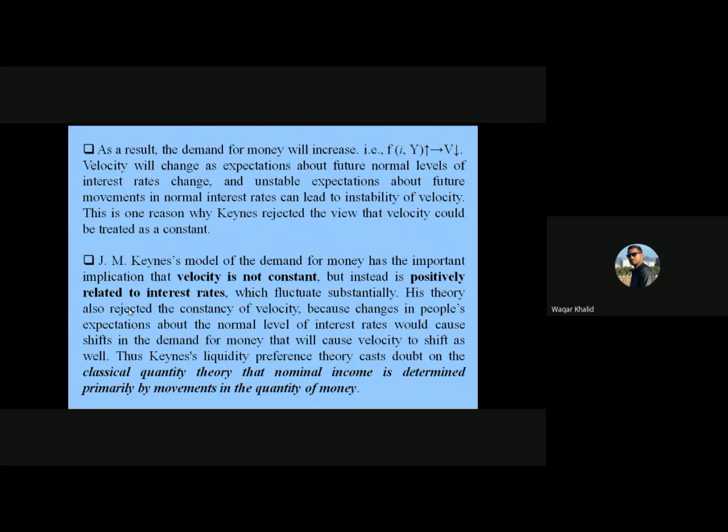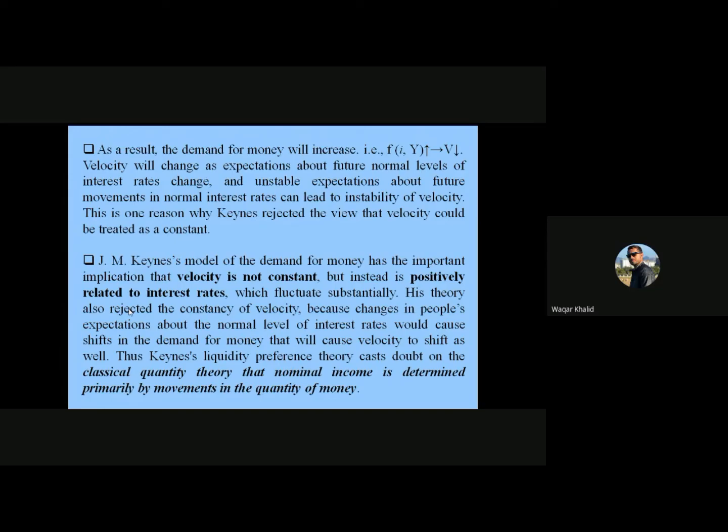This is one reason why J. M. Keynes rejected the view that velocity could be treated as a constant. Keynes' model of the demand for money has the important implication that velocity is not constant, but instead is positively related to interest rates.